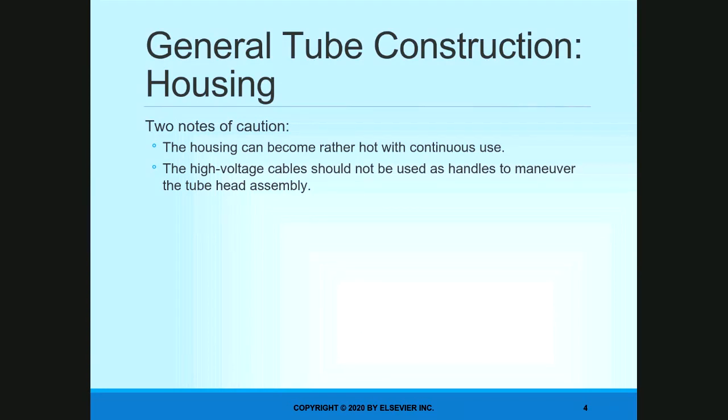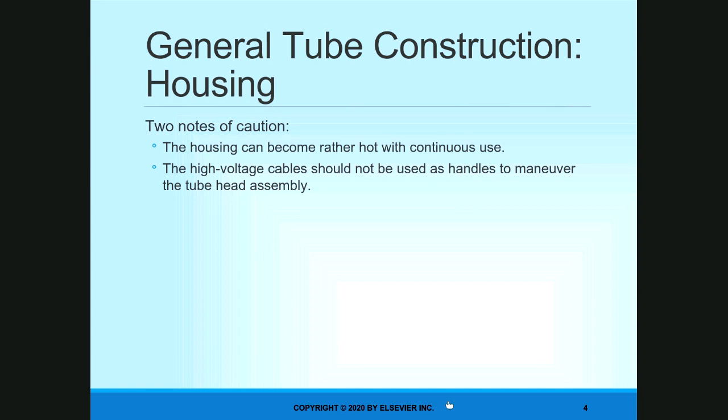So when it's below the table, it limits how much interaction there can actually be by people touching it, because it's protected by the table. So typically that's why the fluoro tube is underneath, so that it protects the radiologist, the radiographer, and the patient. But also, with extended use, the tube housing that is above the table can also get hot. So you have to make sure that no one is actually touching that, the patient included.